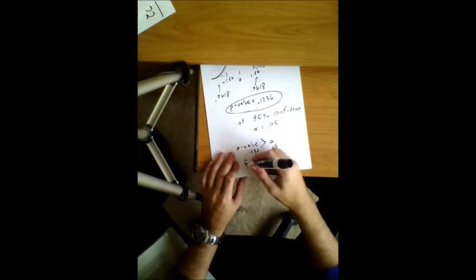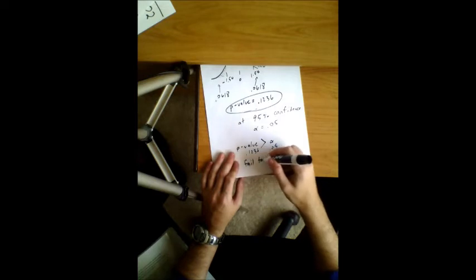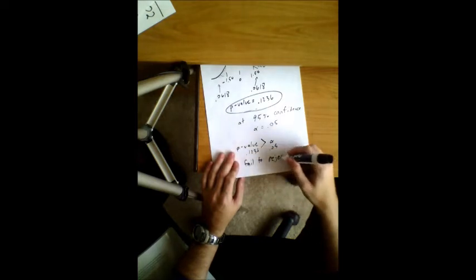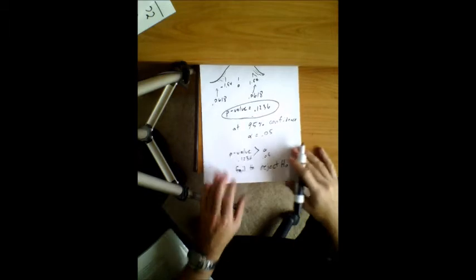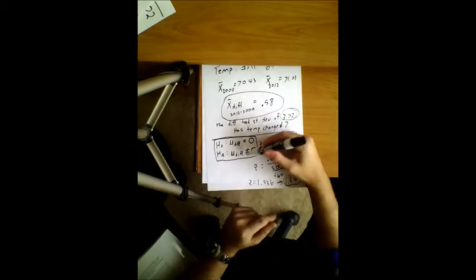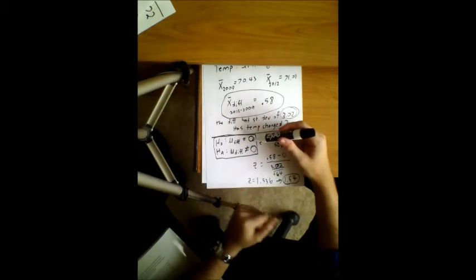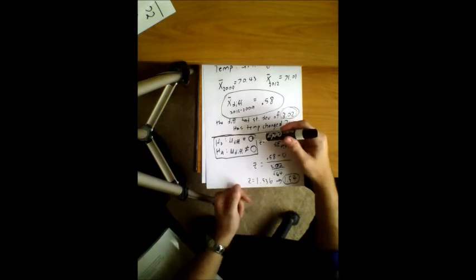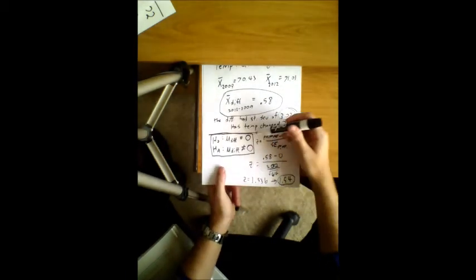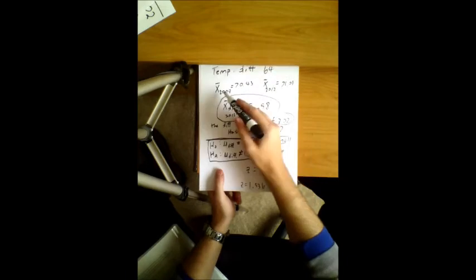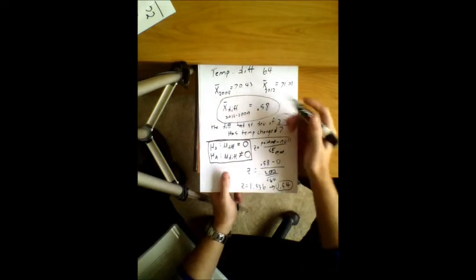So we fail to reject. And again, what that means is because we fail to reject, we cannot conclude that they are different. So we have failed at 95% confidence to show that there is a significant difference between the temperatures in 2009 and 2012.